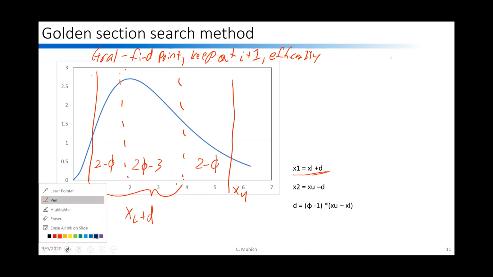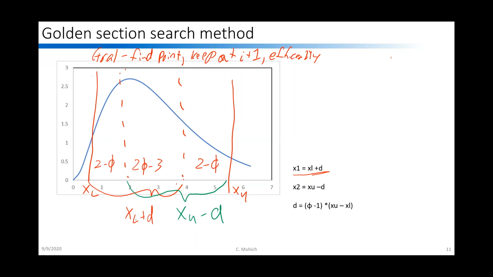And we can have our second point be xu minus d, where d is phi minus 1 times xu minus xl. These equations for our green point and our red point are coming from fitting those ratios.